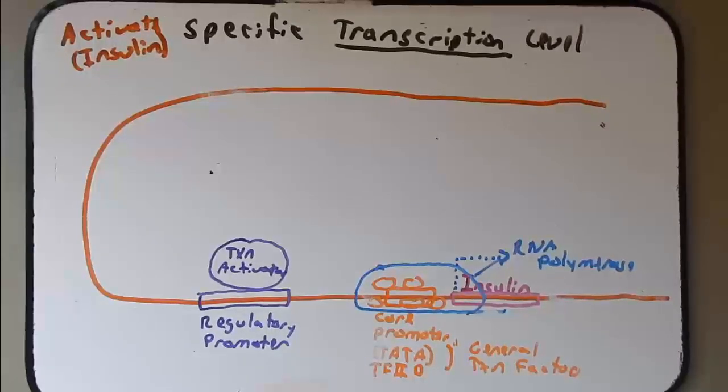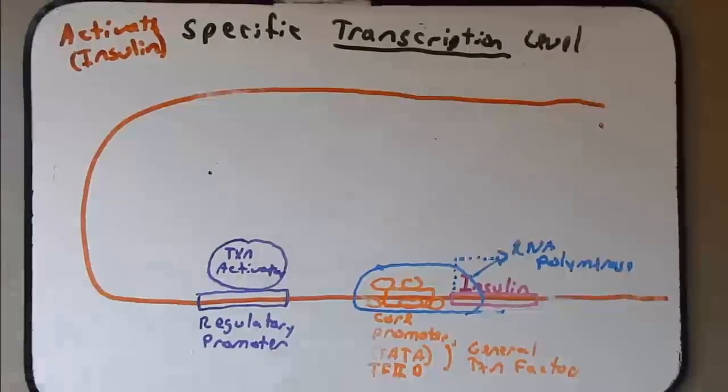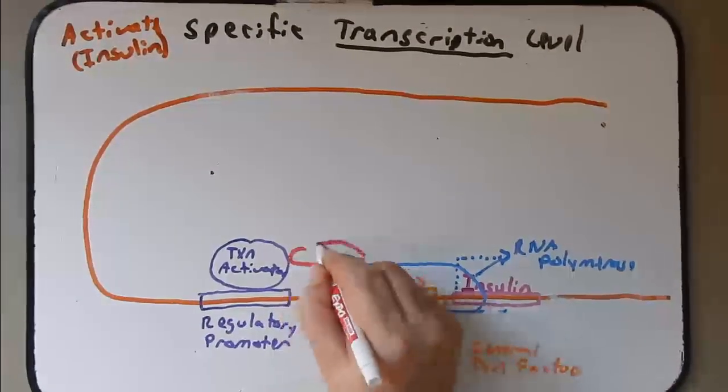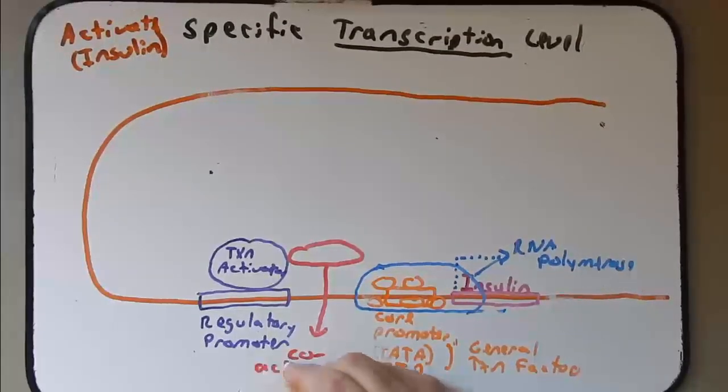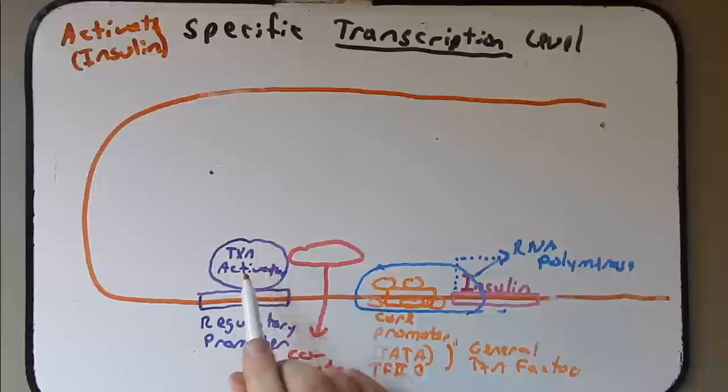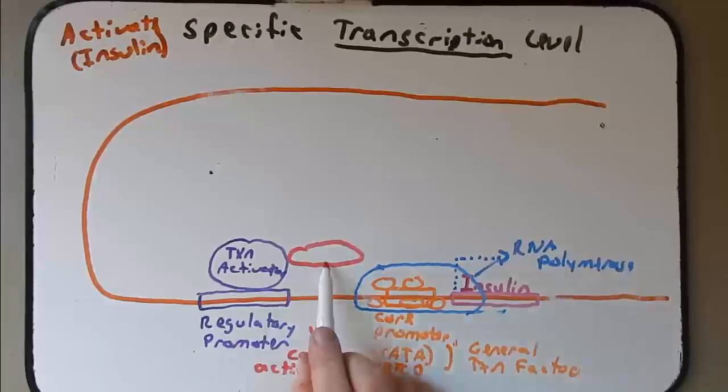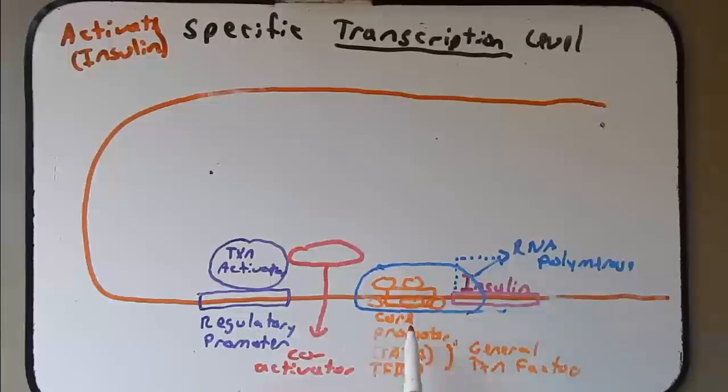Now, depending on which gene we're talking about and the level of expression the cell desires, there may be another protein involved here. And this protein we're going to call a co-activator, because it interacts with the transcriptional activator to bind to the RNA polymerase and stabilize it.